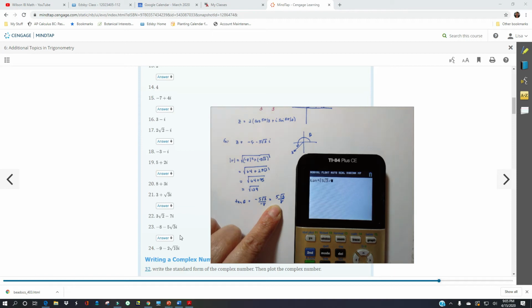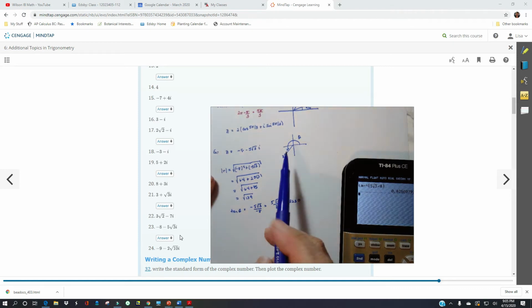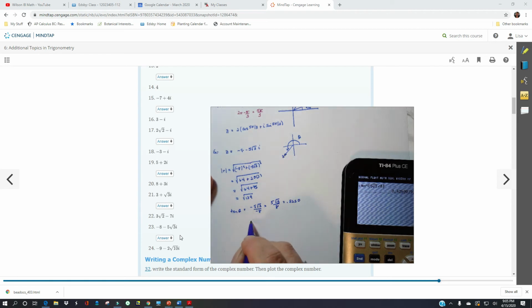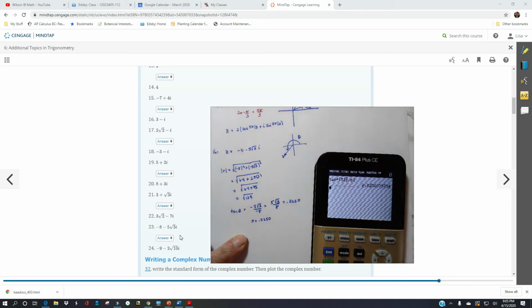Make sure the division symbol does not end up underneath the root, otherwise you're going to get it wrong. And we get 0.825. But we are in quadrant 3, so we have to do pi plus 0.8250.